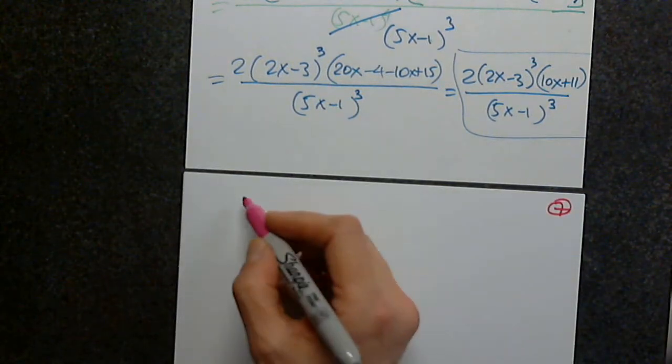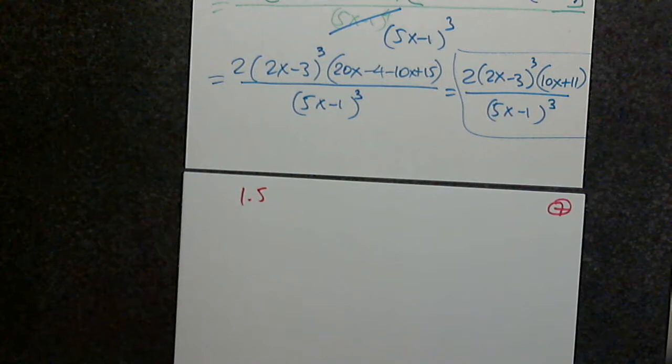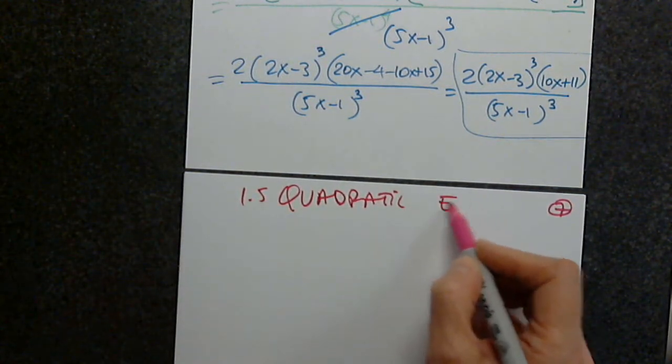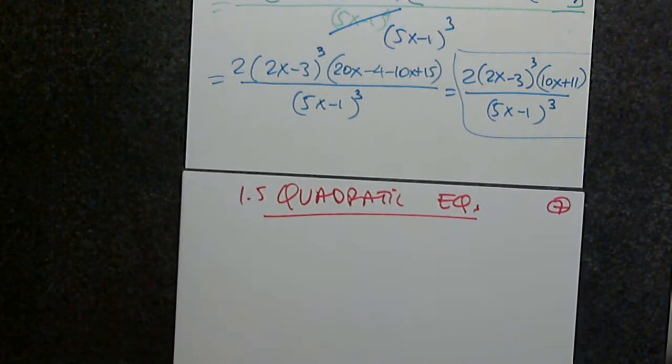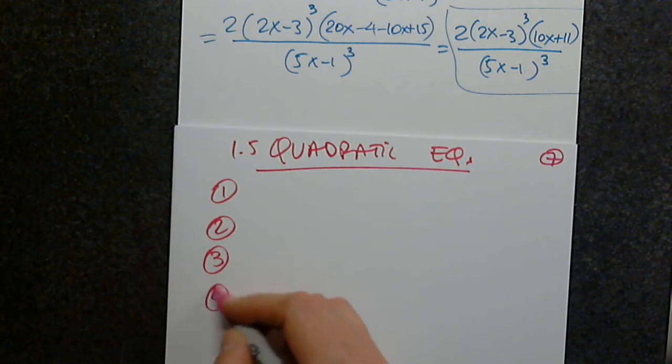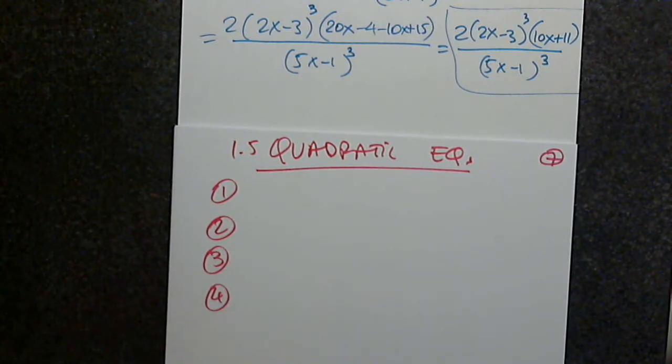So let me refresh your memory. We are looking at 1.5, quadratic equations. And there are 4 methods here. And we only looked at 1. We refreshed our memory. In the past, when I taught the previous class, it took me a month to do factoring because it was an entire chapter 6.